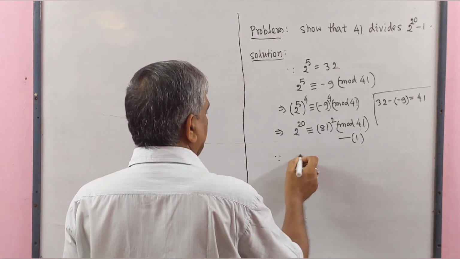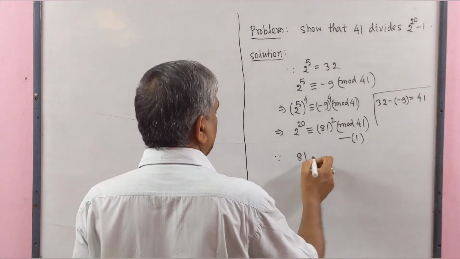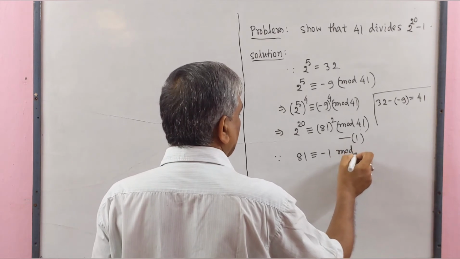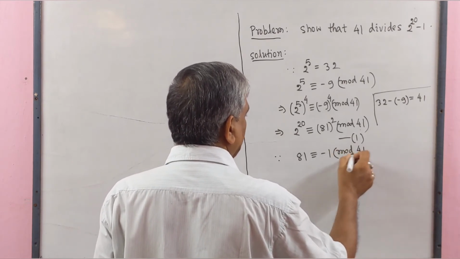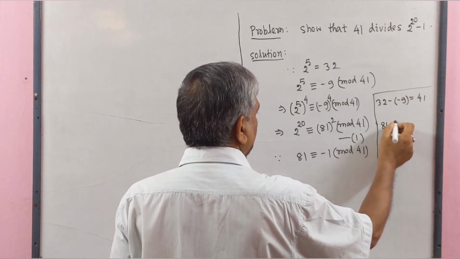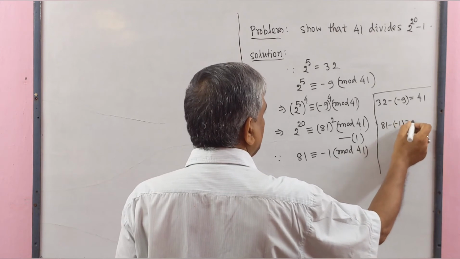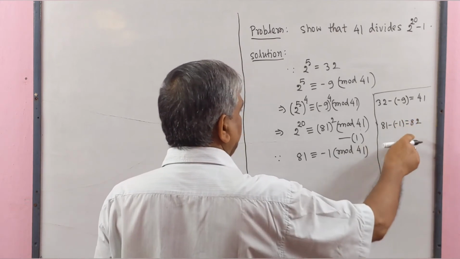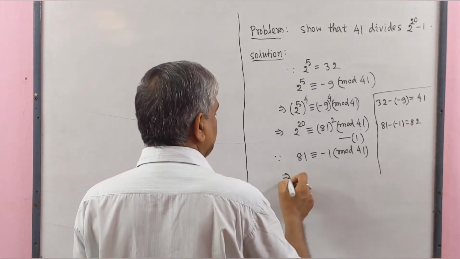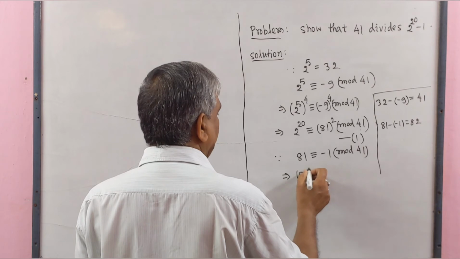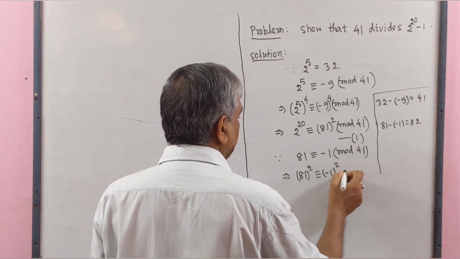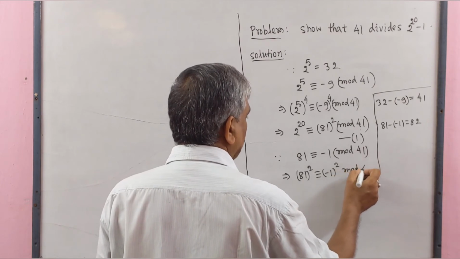Since 81 is congruent to minus 1 modulo 41, because 81 minus minus 1 is 82, and 82 is divisible by 41, it implies that 81 squared is congruent to minus 1 squared modulo 41.